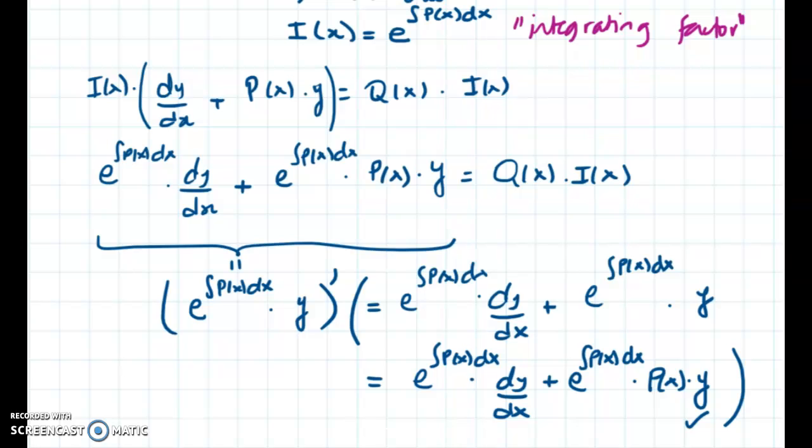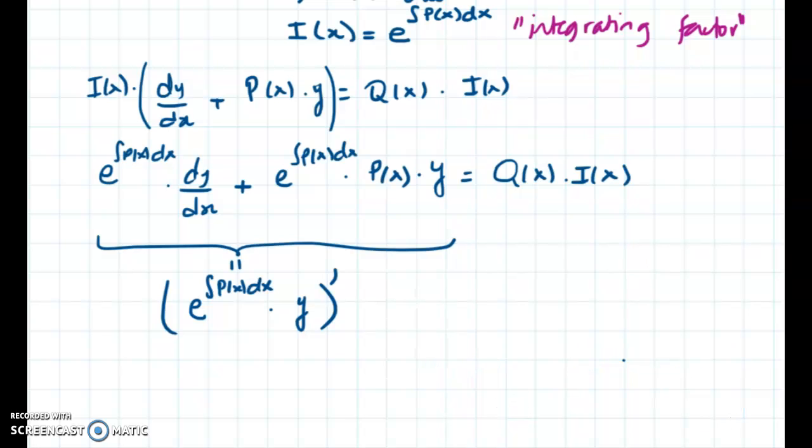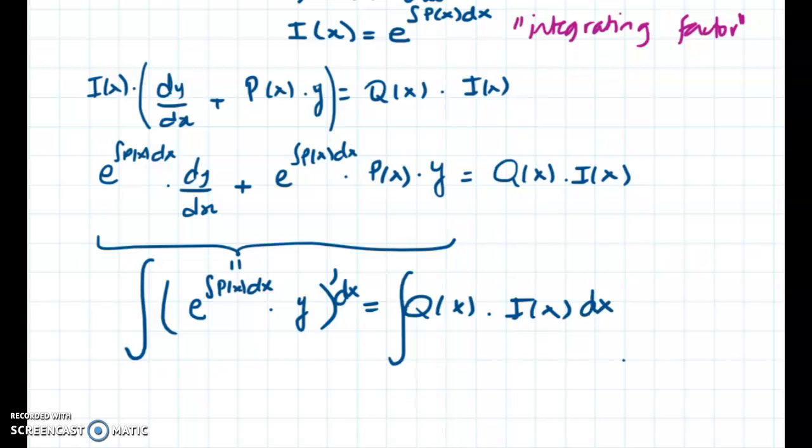So I'm going to erase this part just to have space to finish the reasoning, because once we are convinced that the left-hand side is what we want, then we are saying that this is equal to q of x times the integrating factor. So we are going to consider the antiderivative of both sides with respect to x.